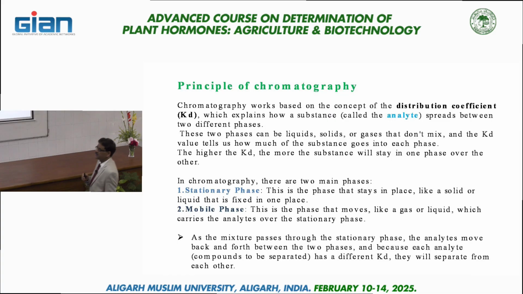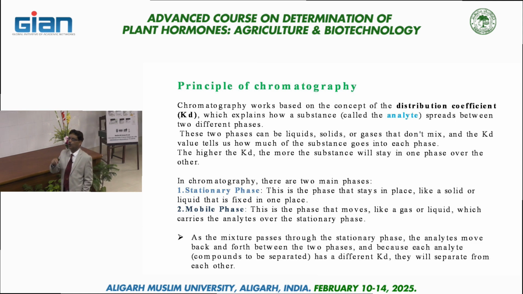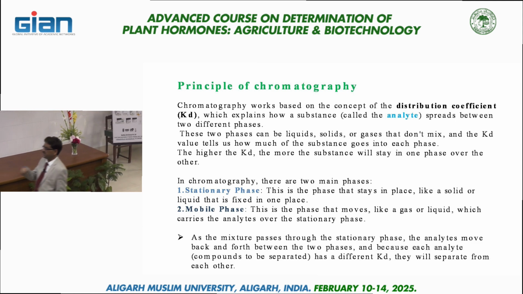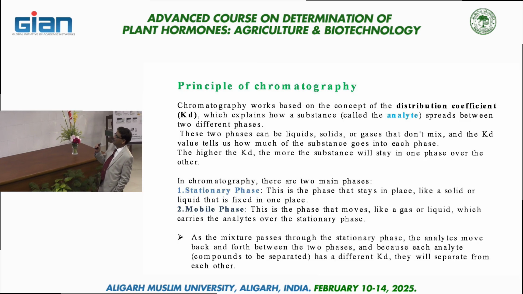These two phases can be liquid, solid or gases that don't mix, and the KD values tell us how much of the substance goes into each phase. It might be the stationary phase, it might be the mobile phase.